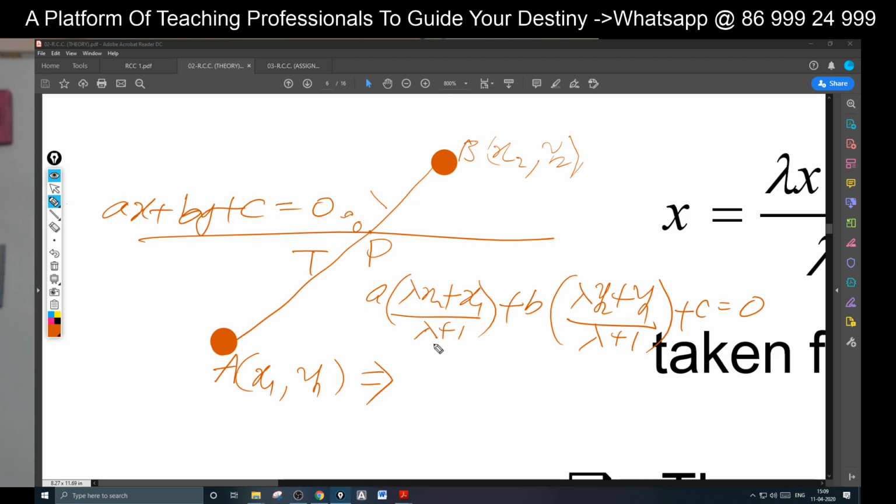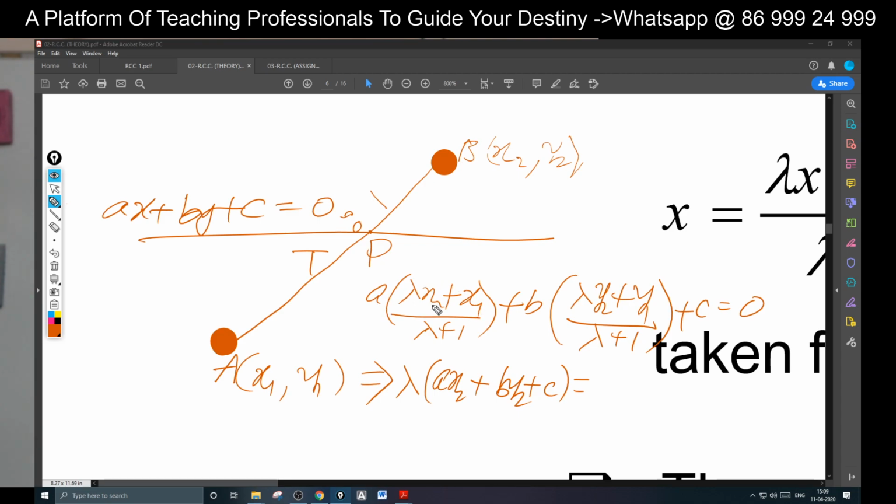So, if you want to find lambda here, then simply take LCM, and I am writing the direct step here because you will understand this easily. A lambda x2, lambda taken common, A x2. B lambda y2, lambda taken common, B y2. After taking LCM, you will get C into (lambda plus 1). Taking lambda common, you will get C. And take the rest of all the terms to the other side.